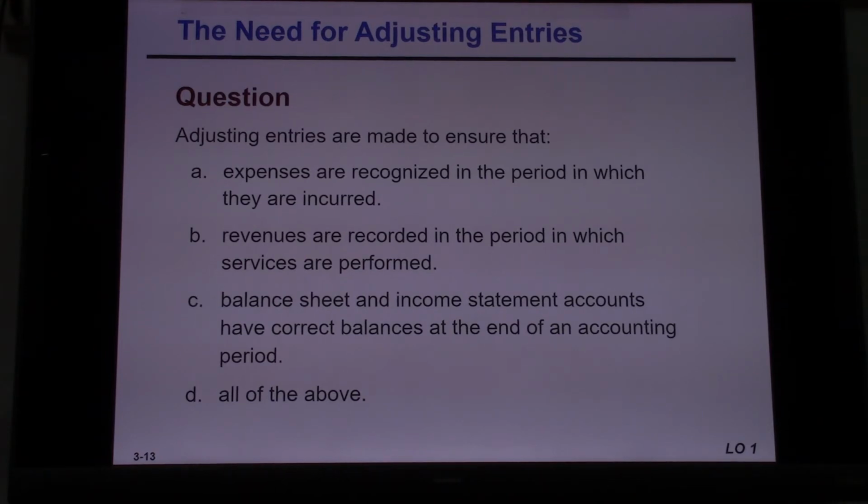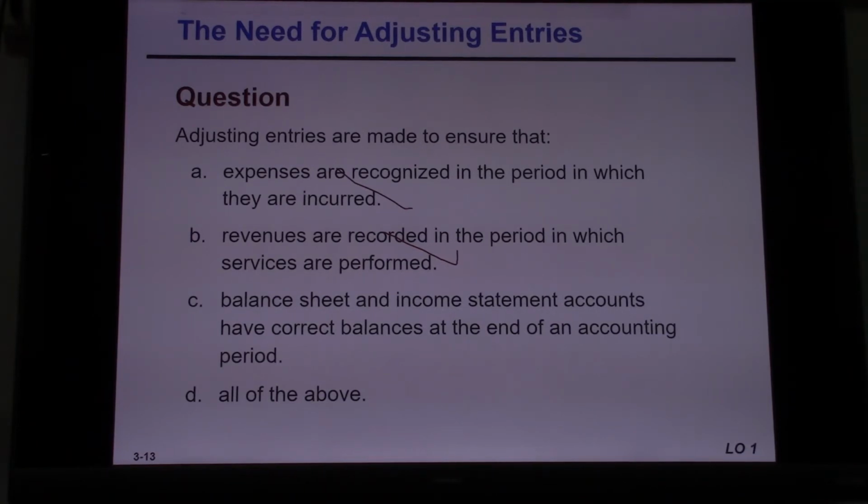Adjusting entries are made to ensure what? Why do we make adjusting entries? Letter A, expenses are recognized in the period in which they are incurred. Yes. B, revenues are recorded in the period in which services are performed. Adjusting entries are made to ensure that expenses are recognized in the period in which they are incurred, because the main purpose of adjusting entries is to make sure that companies are following the expense recognition principle.